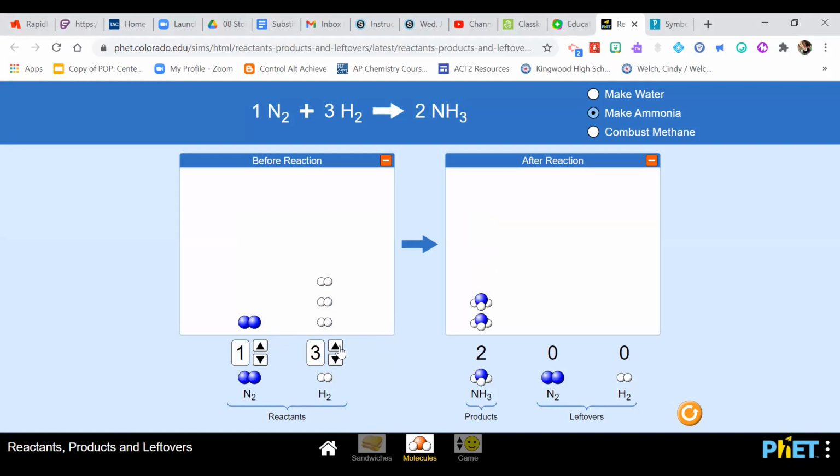And so our prediction, have we predicted how much ammonia that we can make from 2 nitrogen molecules and 6 hydrogen molecules? Let's see if you were right with your prediction. There's 2 nitrogens and 6 ammonias. So we've doubled essentially the amount of reactants we needed because we went up to 2 nitrogens and we went up to 6 hydrogen molecules.